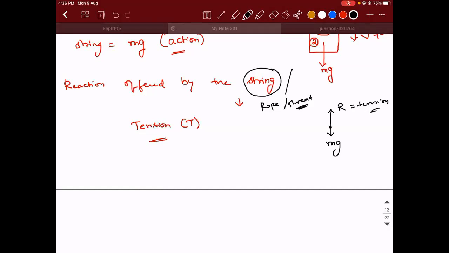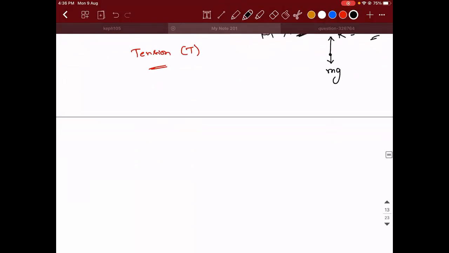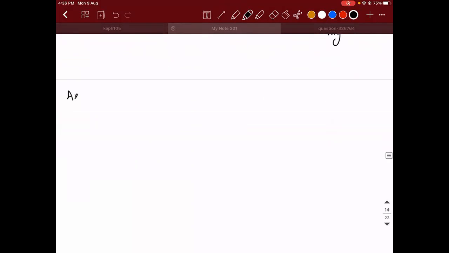There are certain assumptions that we take into consideration while solving problems involving strings.